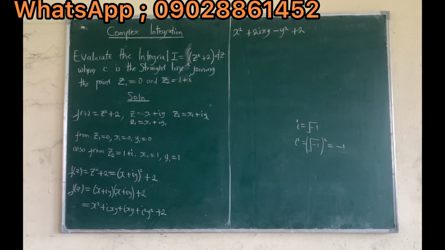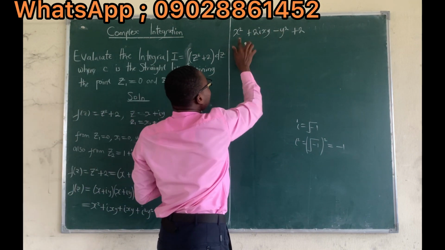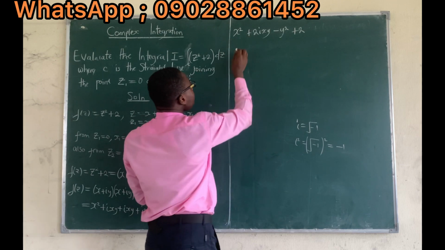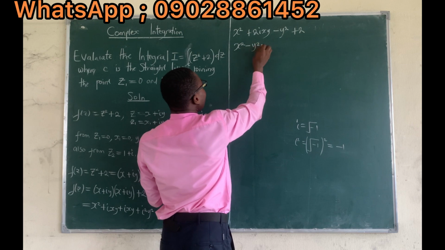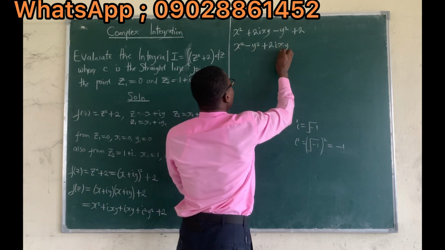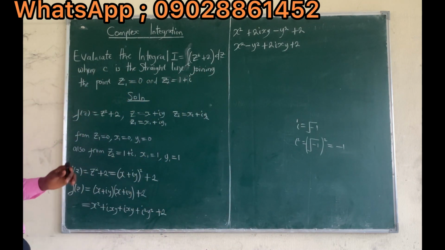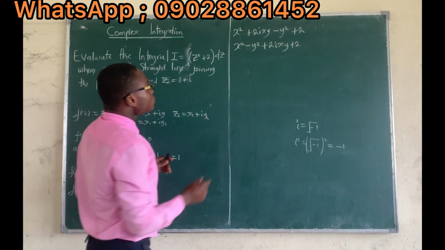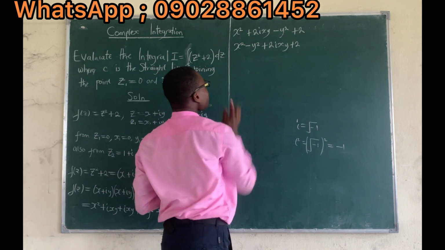So let's continue. Bring minus y squared over to this side. We have x squared minus y squared plus 2ixy plus 2. And also, if you observe, 2 is a constant, so we can also bring the 2 here.